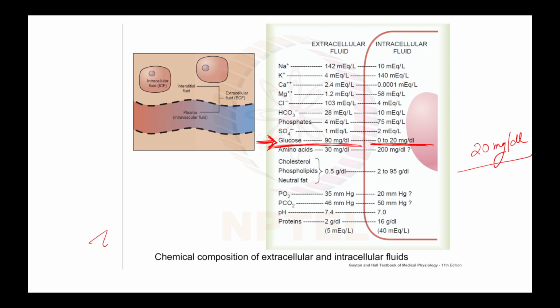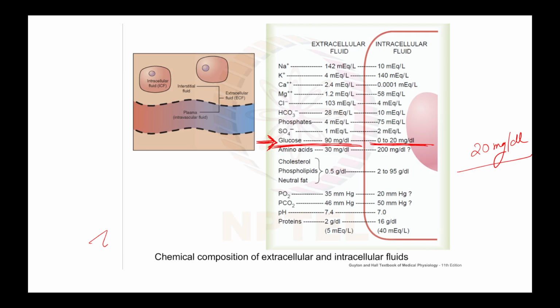So 90 mg is good, 100 mg is also good, but if the blood glucose level increases to more than 100, 110 or 120, that is also a very dangerous situation. So there should be a balance.